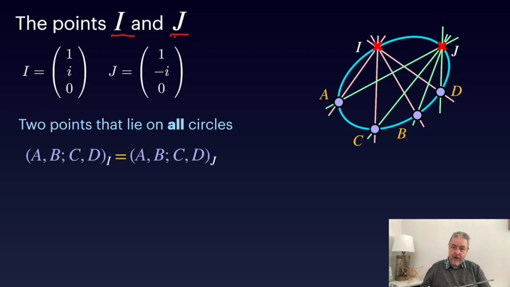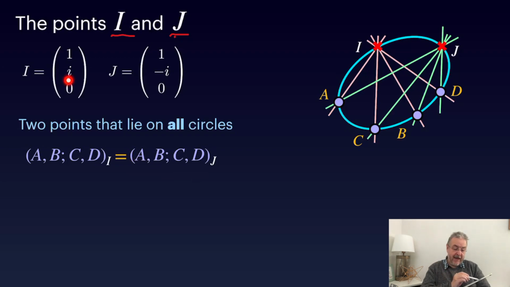Let me just look at what it means that the cross ratios are the same. If I calculate that cross ratio here, we already know we get the cross ratio of the corresponding complex points in CP1. If I use J instead of I at that place, then I get the cross ratio conjugate.